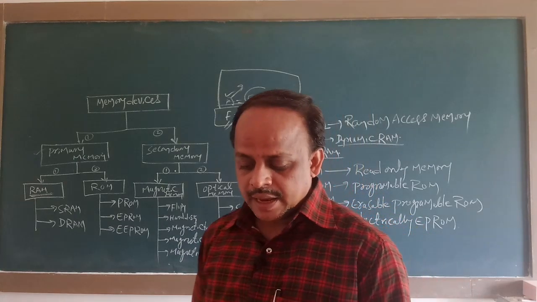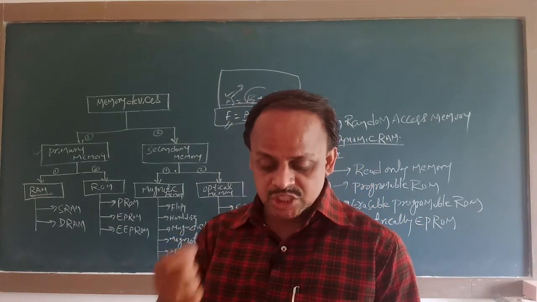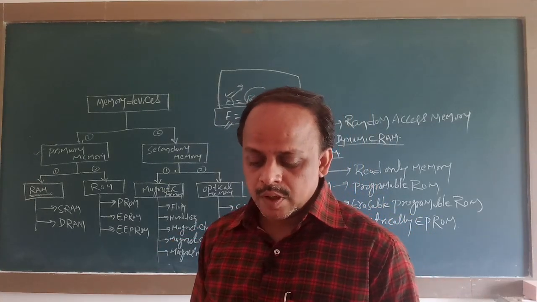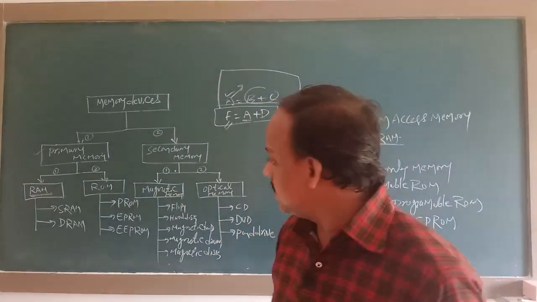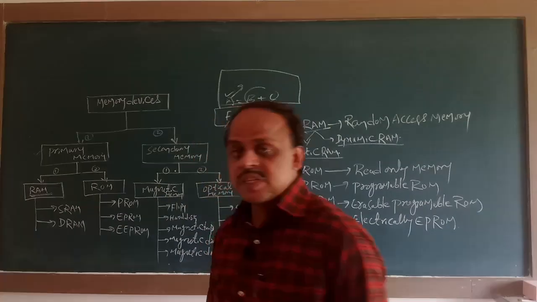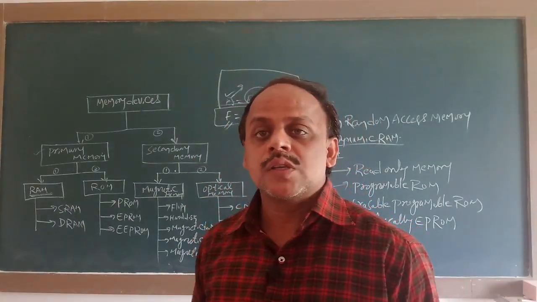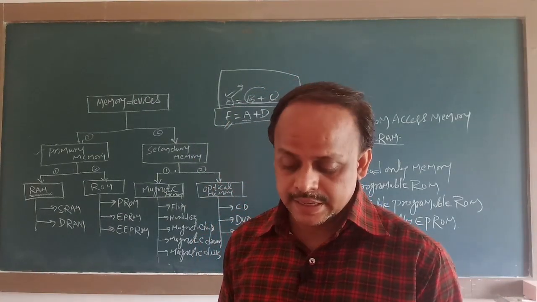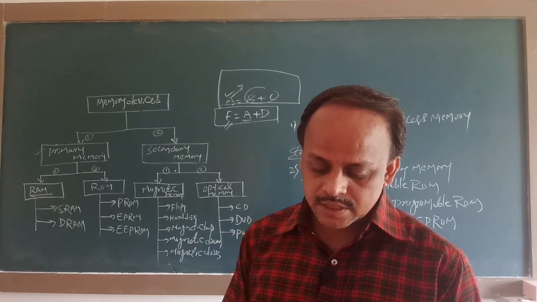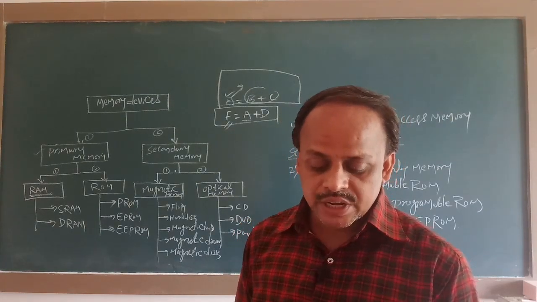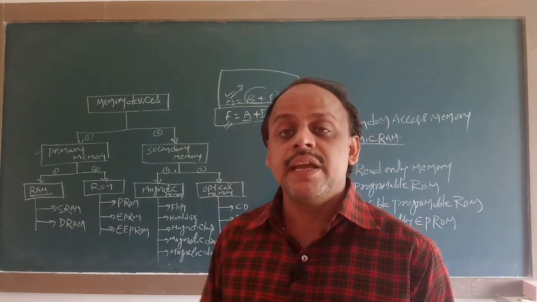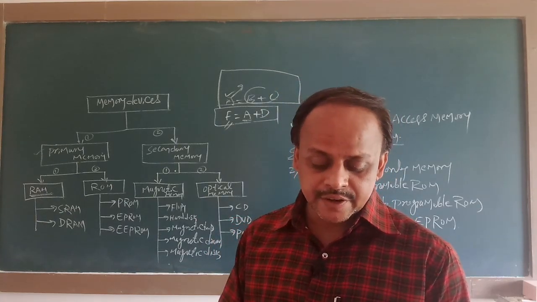The RAM memory chip is made up of metal oxide semiconductor, and he says that in RAM, a memory location is accessed randomly for reading and writing.